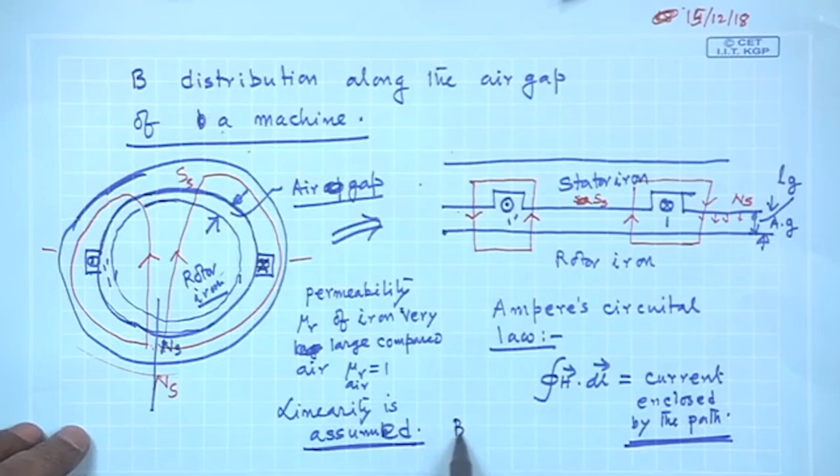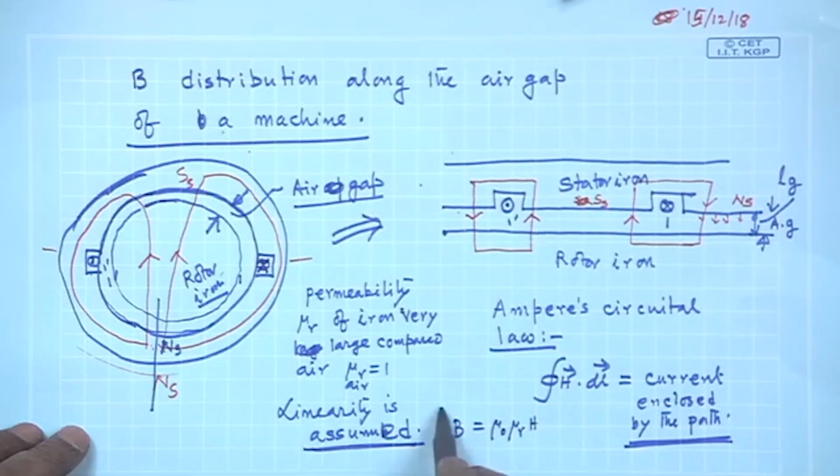And B and H are related by B equals mu 0 mu r times H. This is the thing.